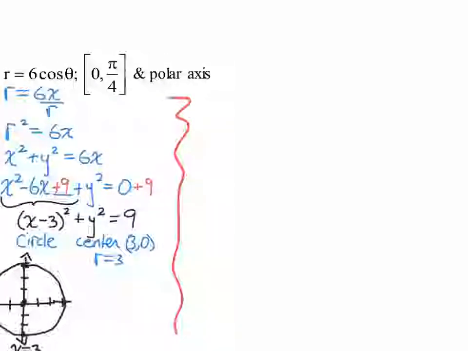So r equals 6 cosine theta. So the good question that was brought up before, or the thought that was brought up before, was, if you know the special points, or I'm paraphrasing, but if you know the special points along the graph, do we have to create an entire table of values, or just whatever it takes to get the job done?